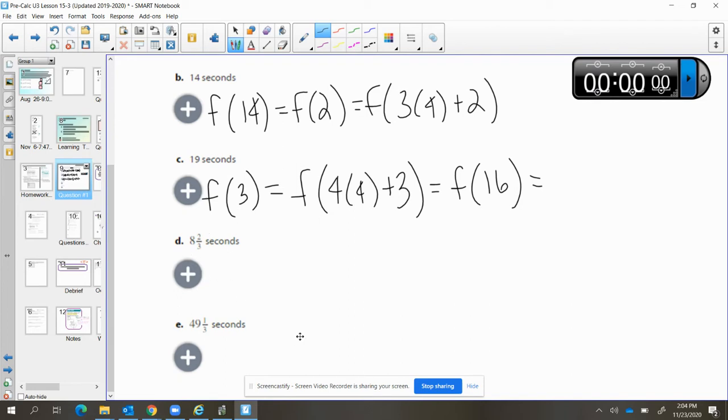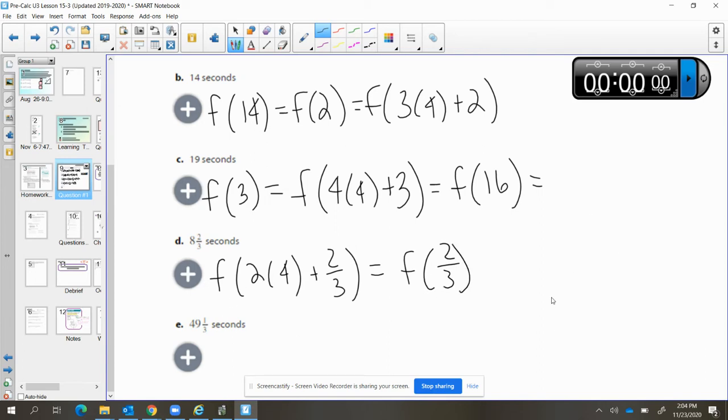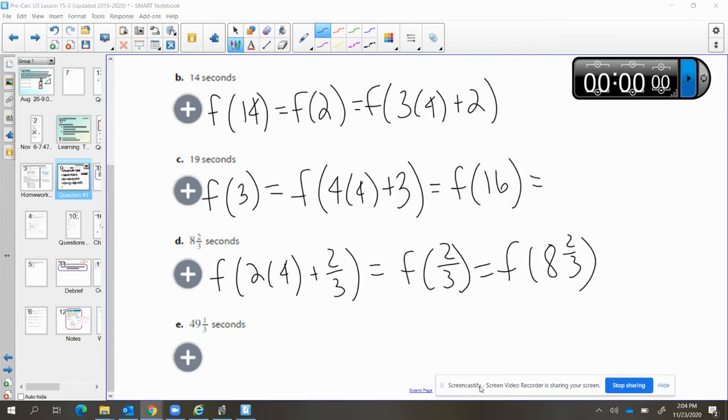Now, 8 2/3 seconds means she's made it around 2 full times plus 2/3 of a second. So whatever it was at 2/3 of a second is the same value at 8 2/3 seconds, right? It's the same values there because of that periodic nature. And then all the way until we get to 49 1/3 seconds.